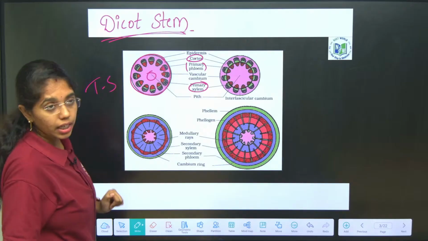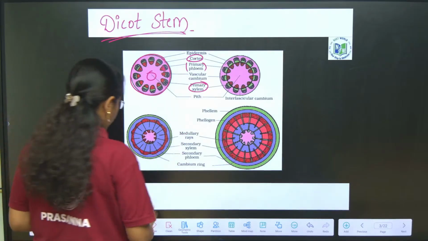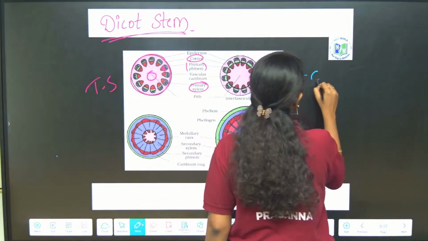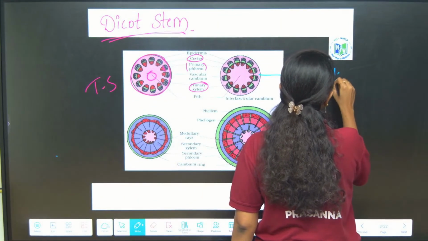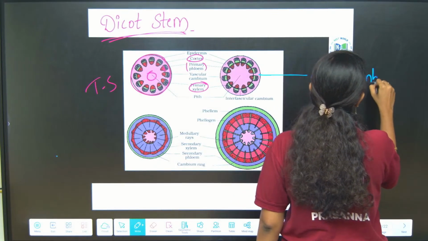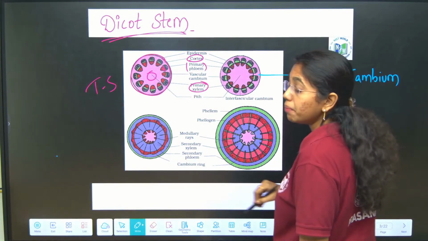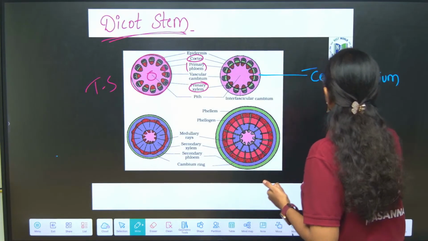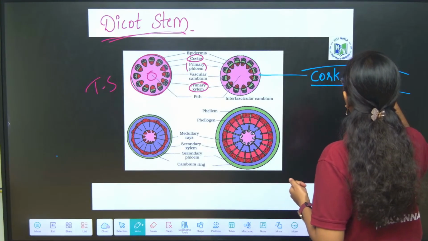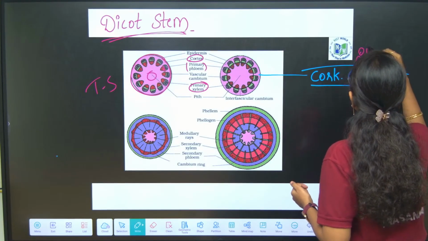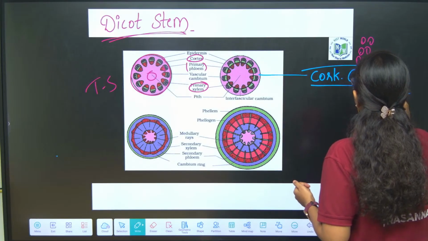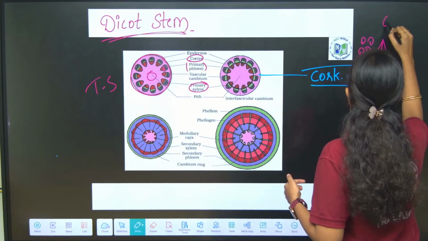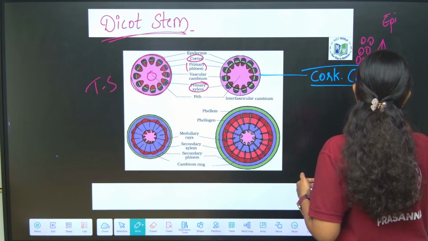Now, after secondary growth, what happens? The cortex region will have cork cambium. Cork cambium will undergo meristematic activity, that is sequential meristematic divisions occur and fresh cells will be formed towards the epidermis and towards the endodermis.